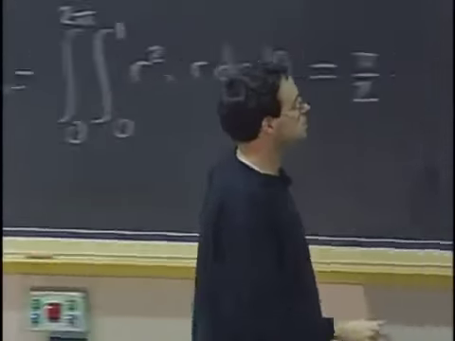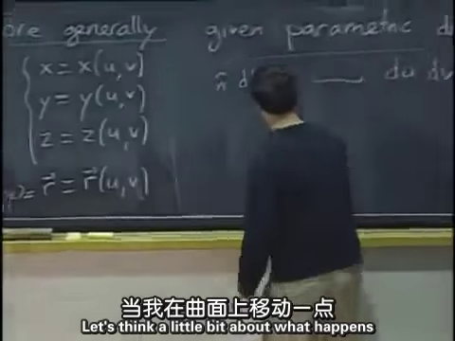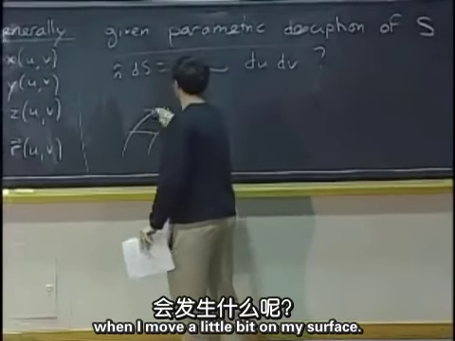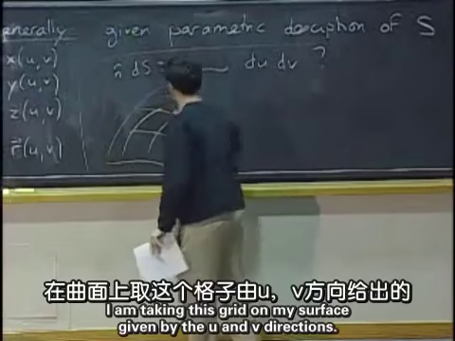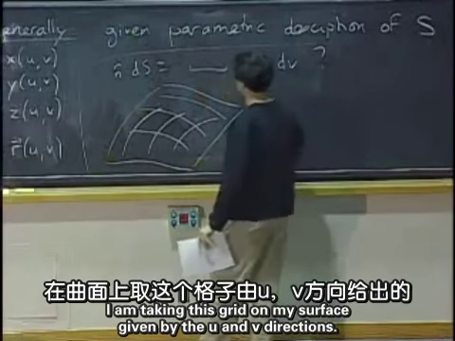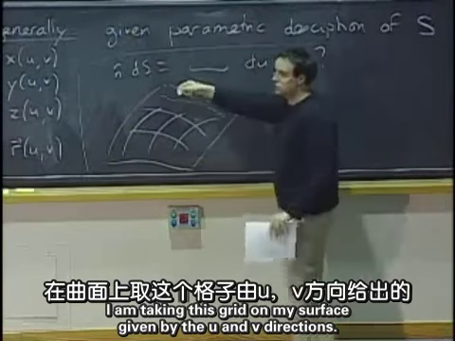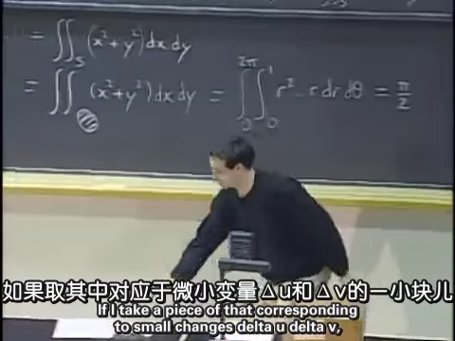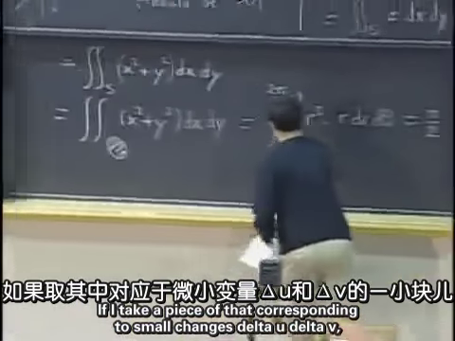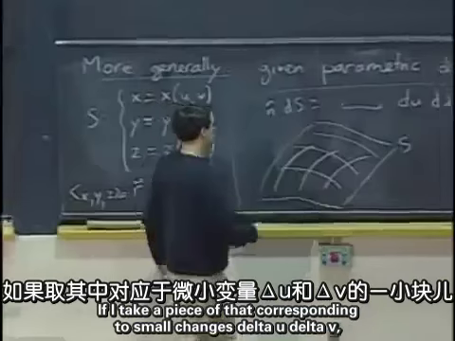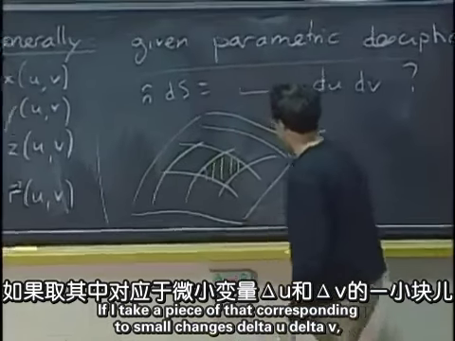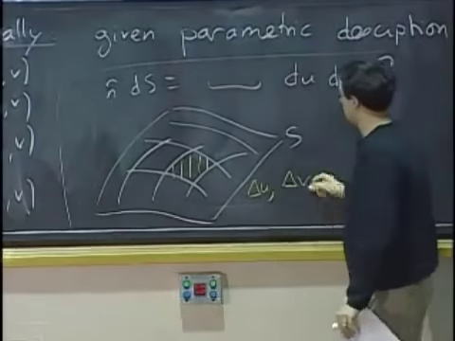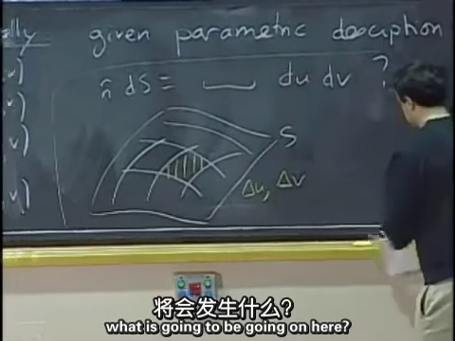Okay, so let's think a little bit about what happens when I move a little bit on my surface. So, I'm taking a grid on my surface given by the u and v directions. And if I take a piece of that corresponding to small changes delta u and delta v, what's going to be going on here?